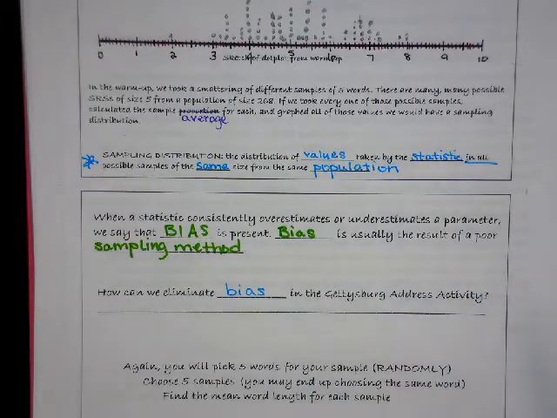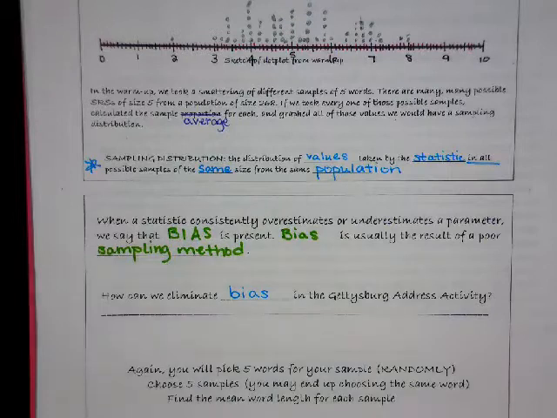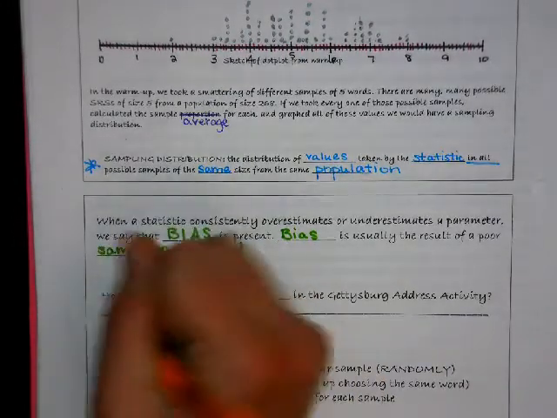Not Hayden over there who said he got a sample with all the fancy words, because they had an average of 7.8. He said he got it randomly, but I don't know. So we're going to use our random number generator.